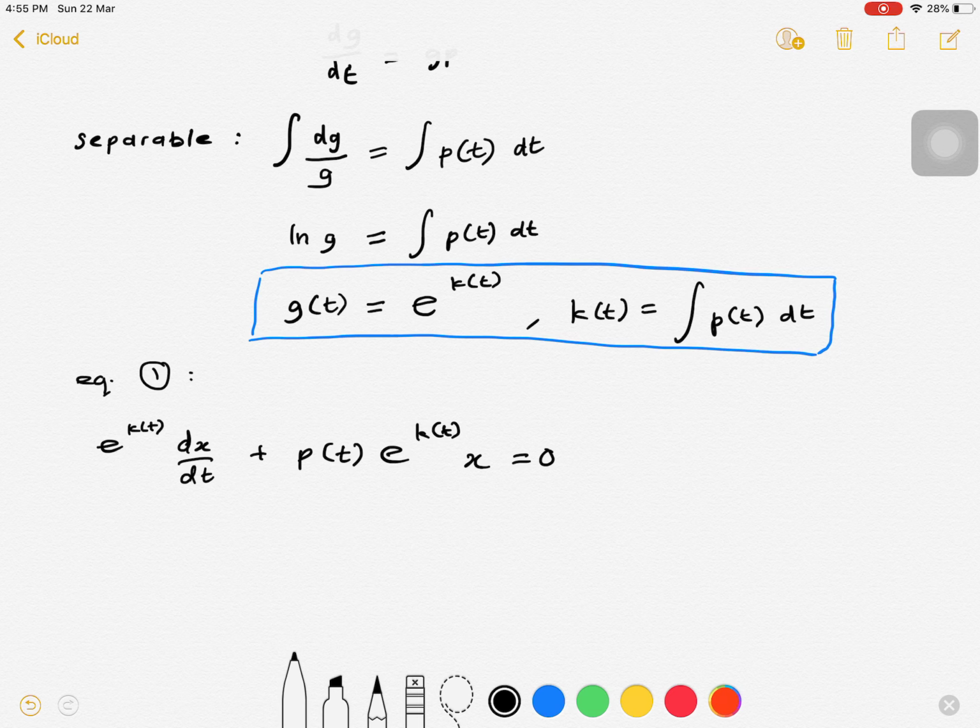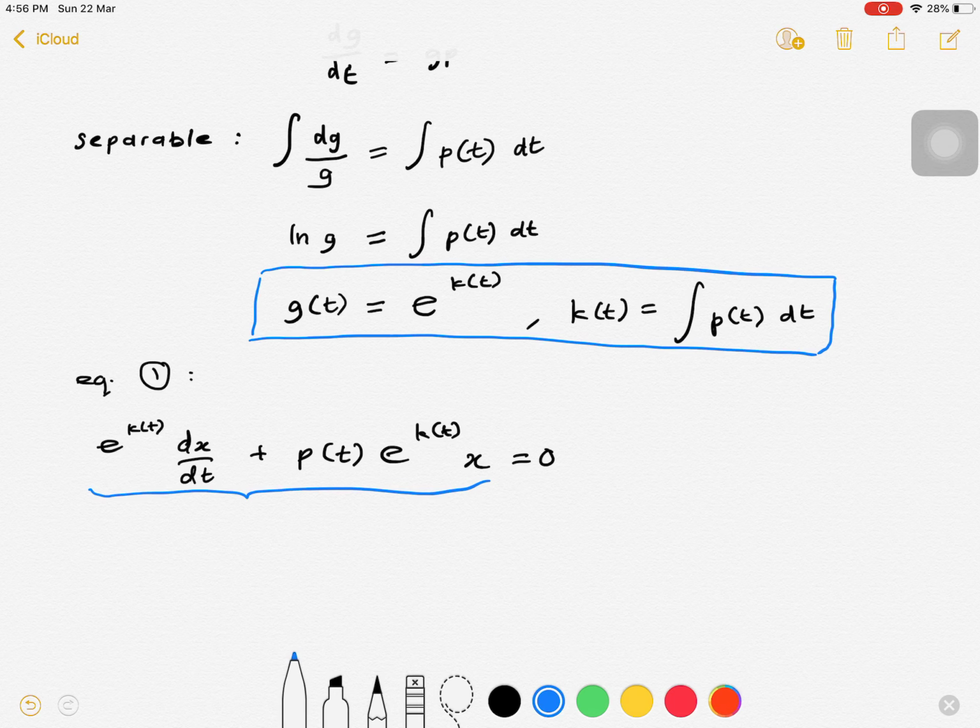Okay. And next, if you look at this form of equation, it is like a product rule, the differential product formula.